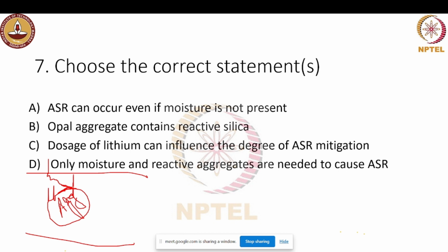Can you understand it? Yeah, it's clear. Okay. So what can be the correct statement?